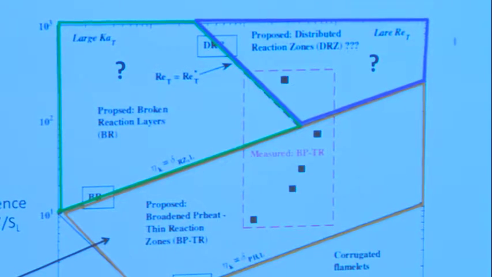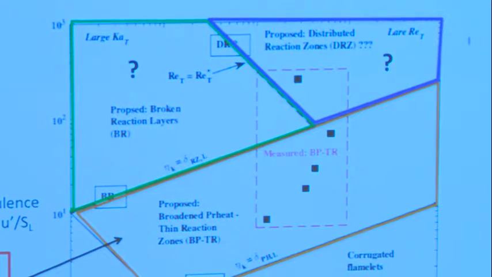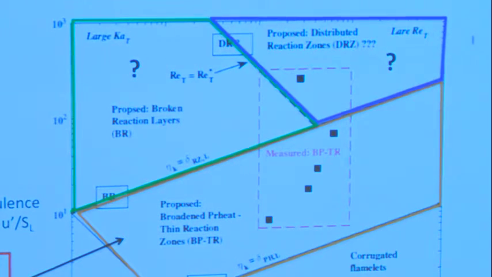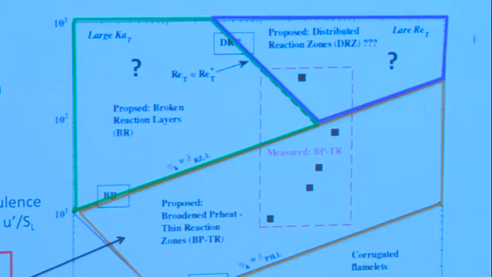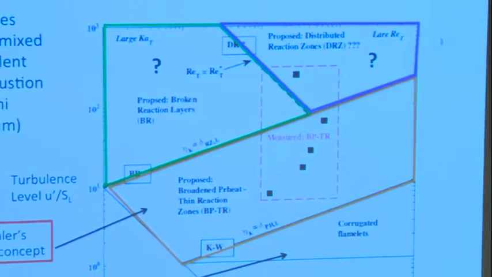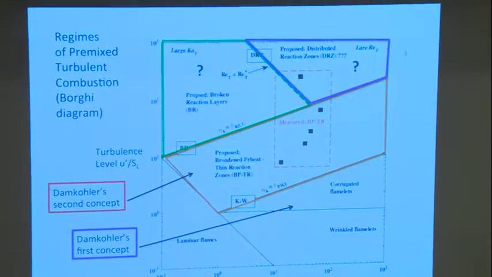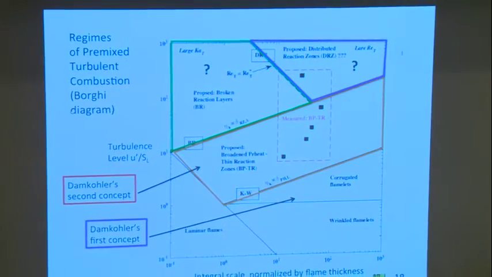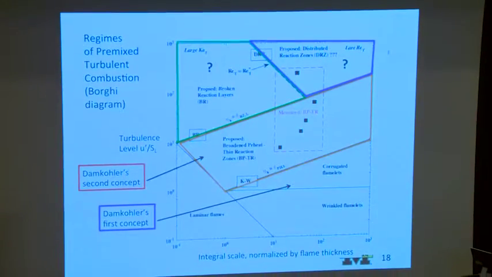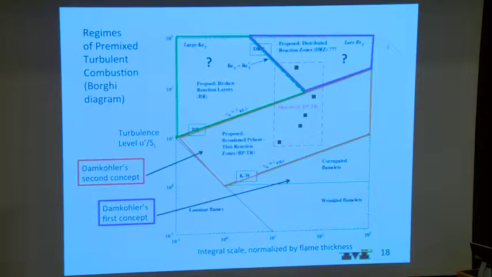But again, nobody's measured that or confirmed that. And so now we've done about 27 cases, and all of them are within this rectangular region that I've shown here, and some actually go below. I show a few squares there, but we've done 27 cases and looked at the flame structure.